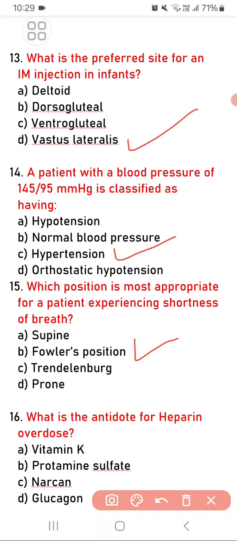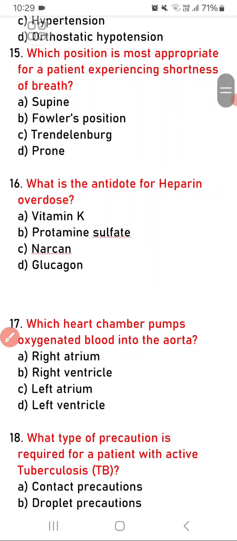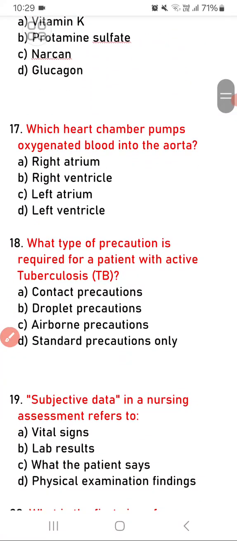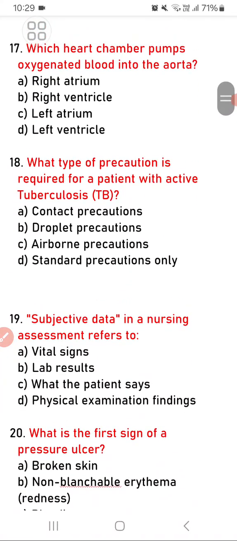What is the antidote for heparin overdose? Protamine sulfate. Which heart chamber pumps oxygenated blood into the aorta?